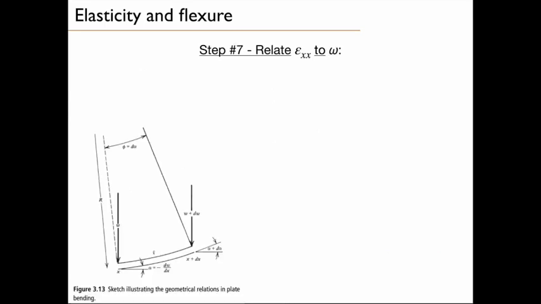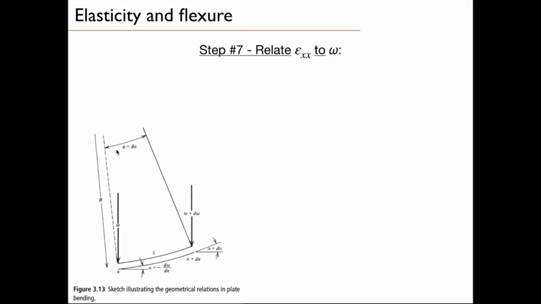Step number 7, we want to relate epsilon xx to w. So that's another sketch here. You see again L, the length of our element, which is being curved. There is the angle phi here. And you see that at coordinate x, there is a local angle that can be measured here, alpha.